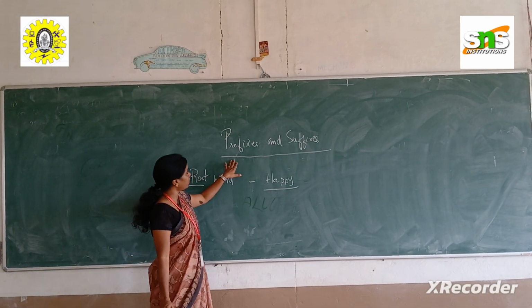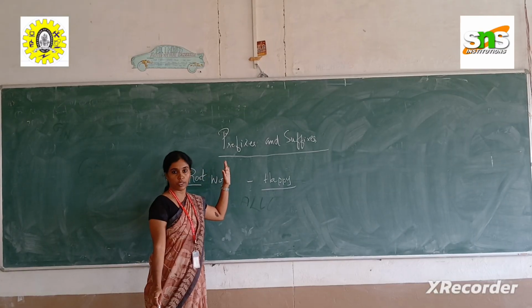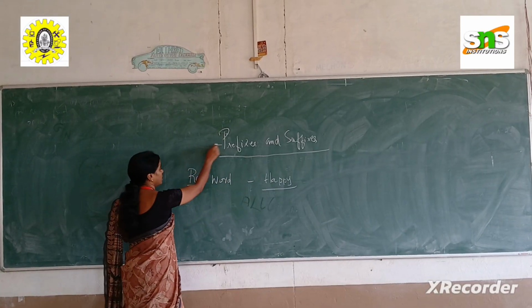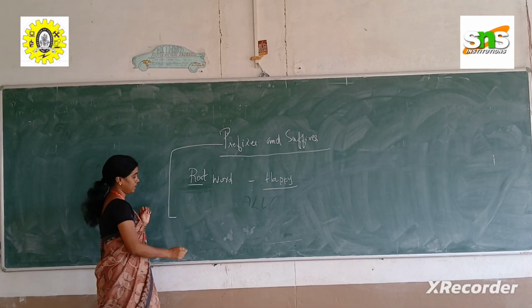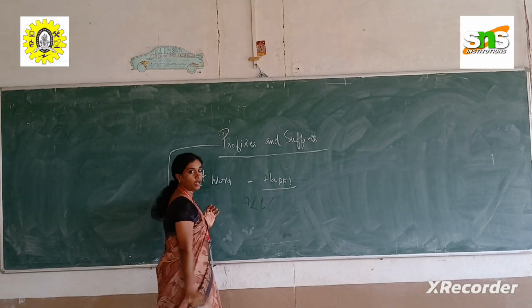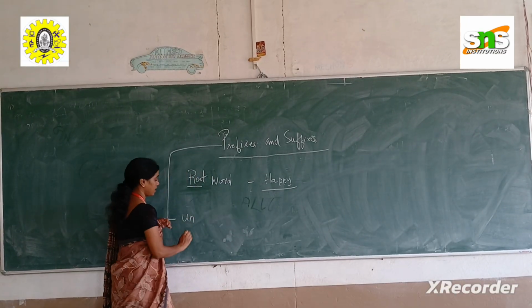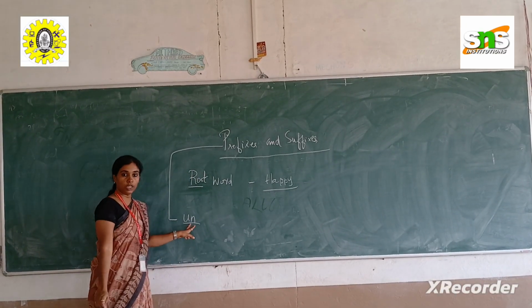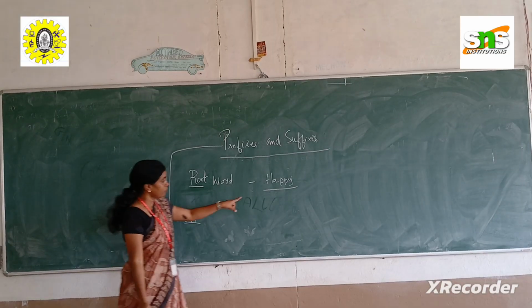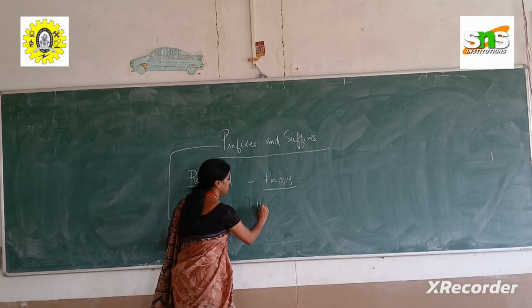Now coming to prefixes. What is a prefix? A prefix is a group of letters added at the beginning of a root word. For example, when you add the two letters "un" to the root word, it becomes unhappy.